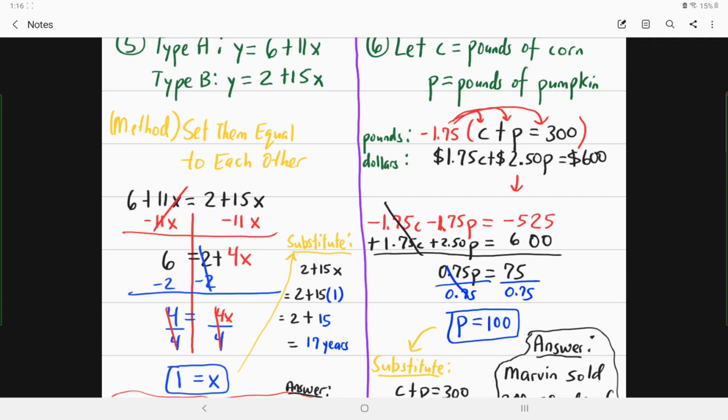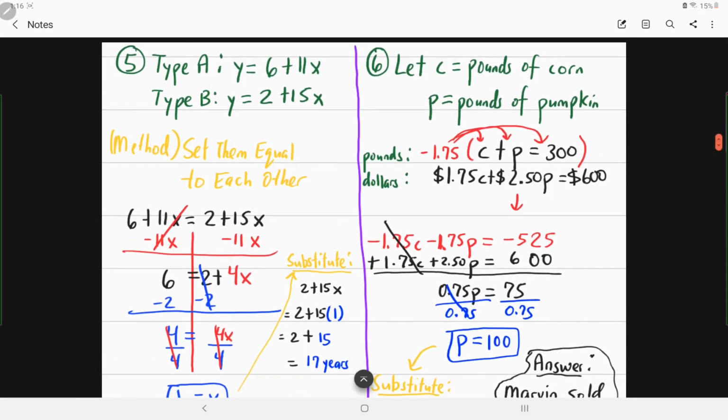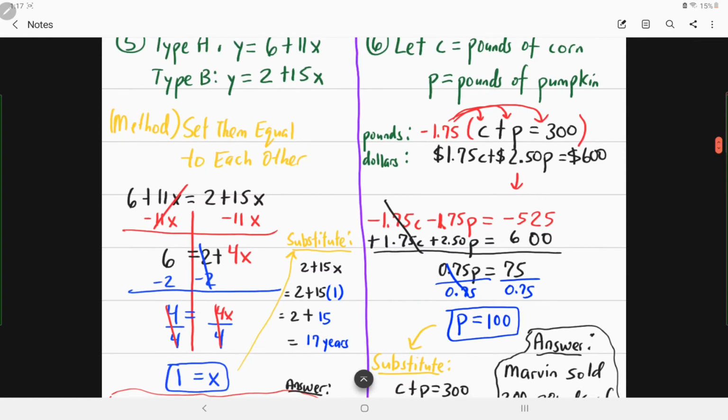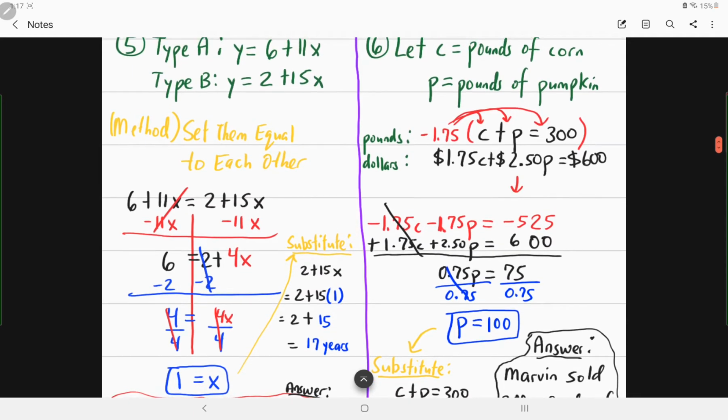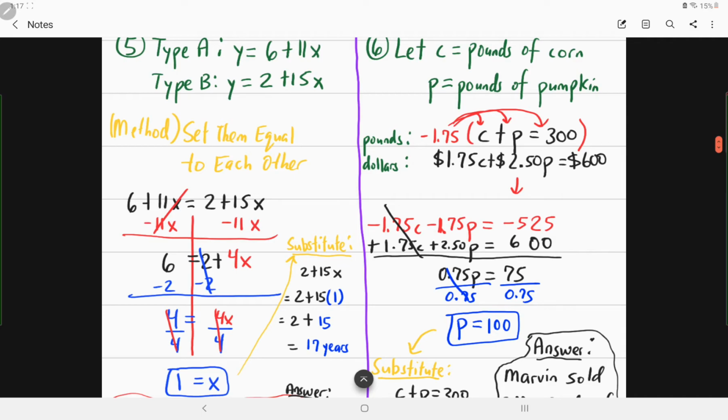So if you notice pounds at the top and the second equation has dollars on the bottom. Once you do that, again, you have your different choices. Do you want to substitute, set it equal, eliminate, multiply? Again, your choice, but I do recommend in situations like these just to eliminate by multiplying.